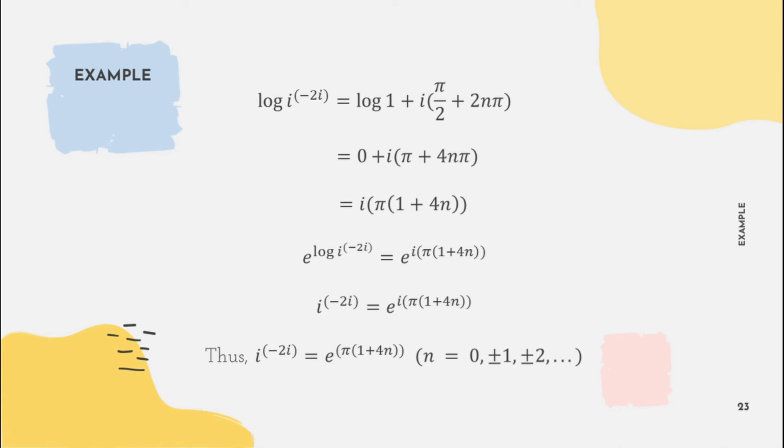Thus, i^(-2i) is equal to exp(π times (1 plus 4n)), with n equal to 0, plus or minus 1, plus or minus 2, etc.